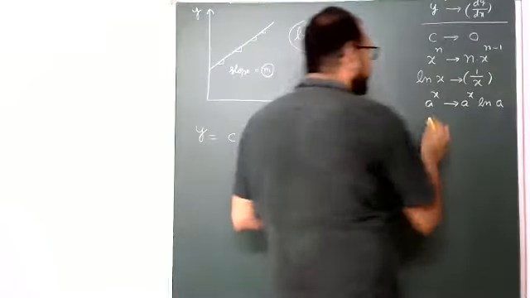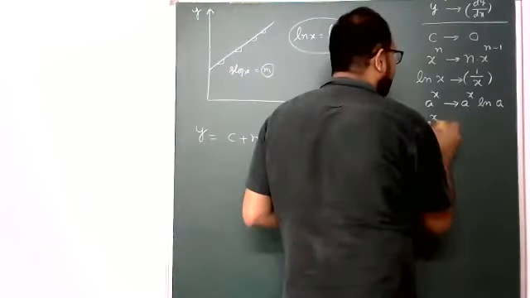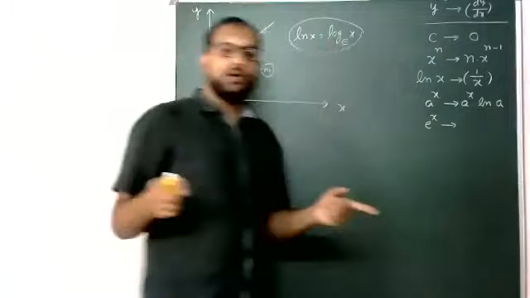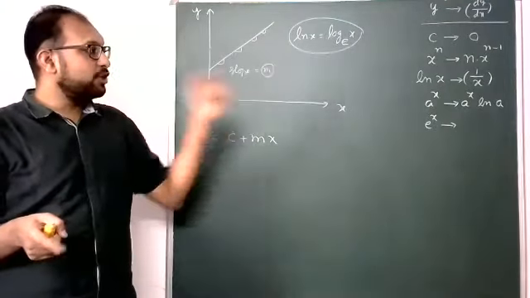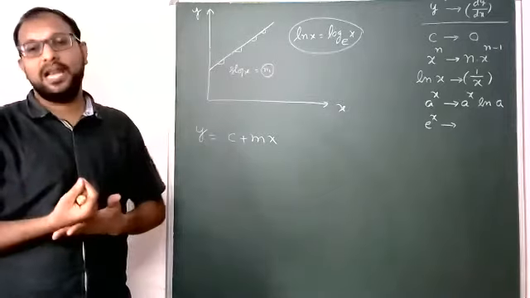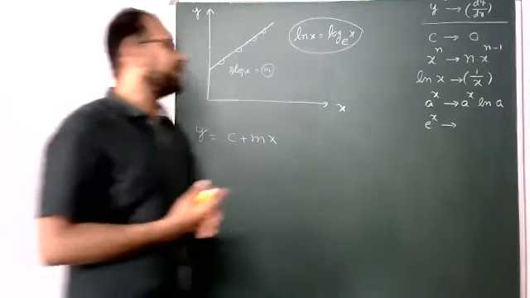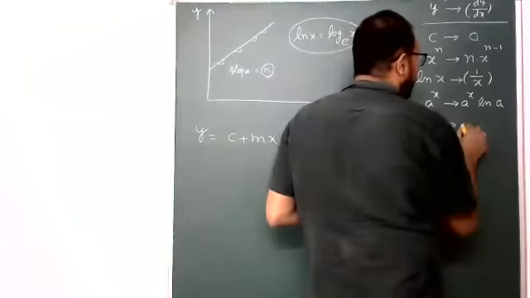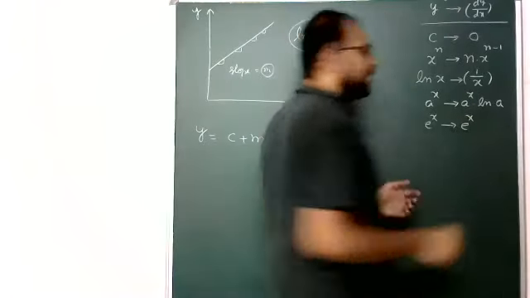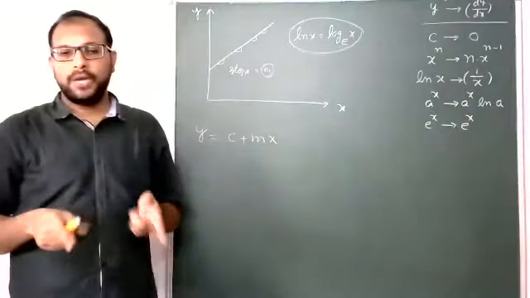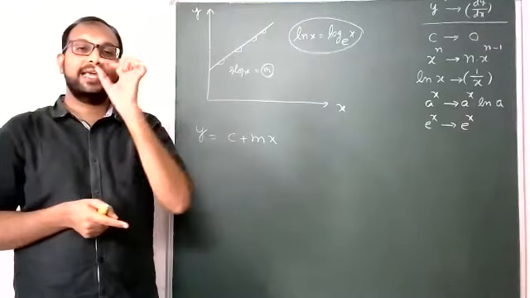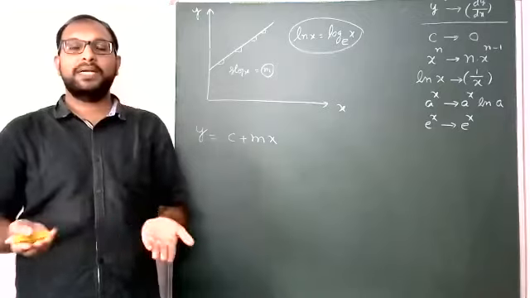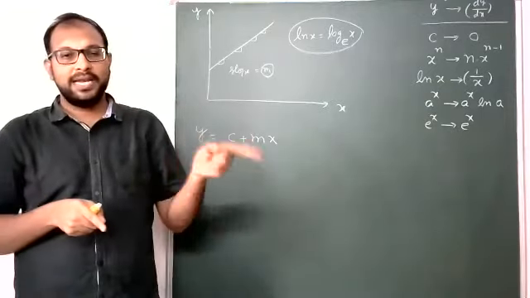Now coming to e to the power of x. All students know e value is 2.718. So e to the power of x is exponential. The derivative is e to the power of x into ln e. What is ln e? Log e base e is 1. Yesterday I explained the logarithm topic.